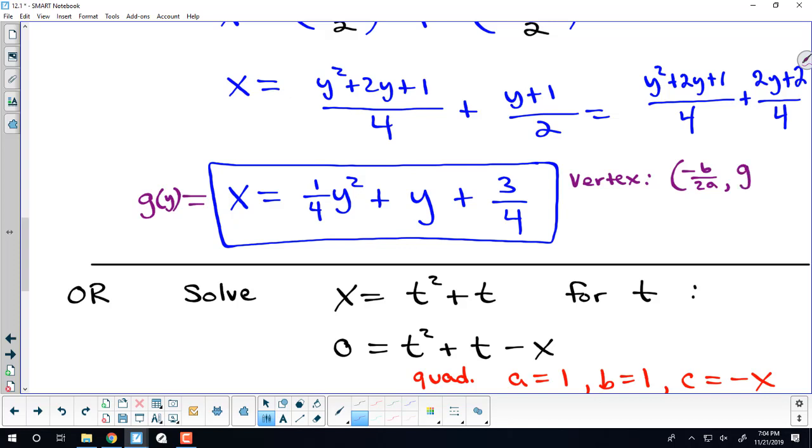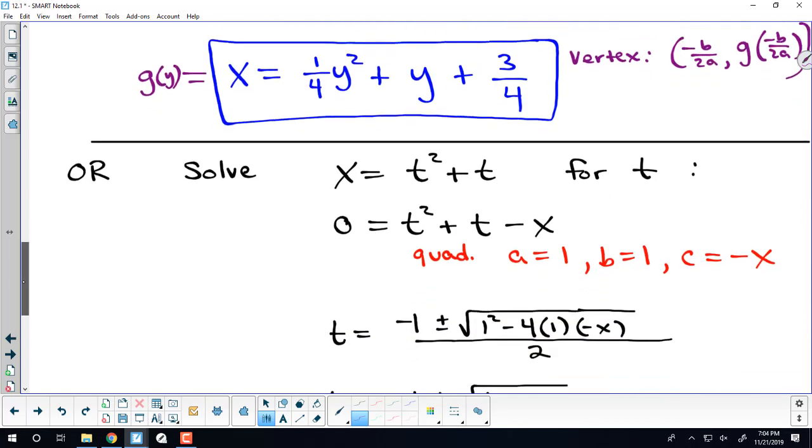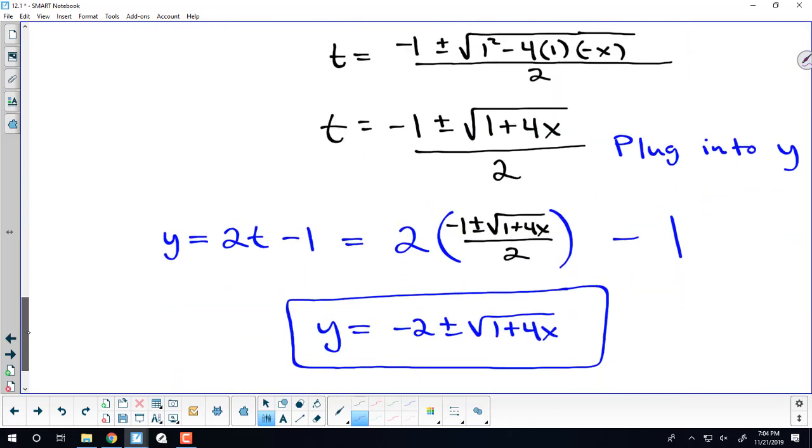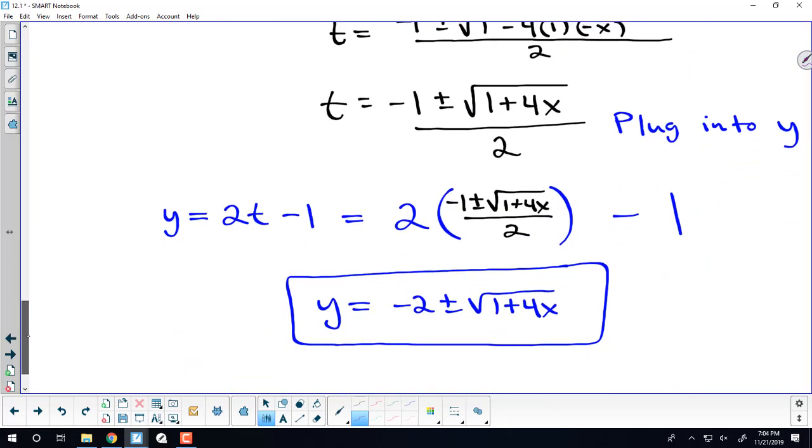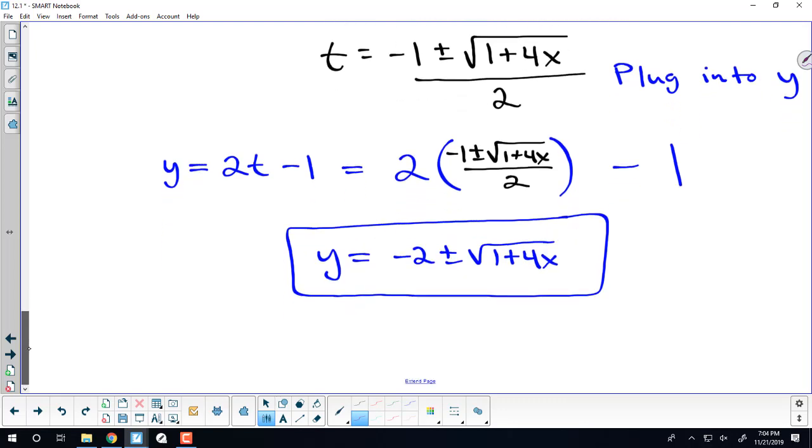And then we'll evaluate g at negative b over 2a. What is the vertex? Might not be as clear as in this equation we had for y, like what the vertex was. And we could plot both of those for sure, though.